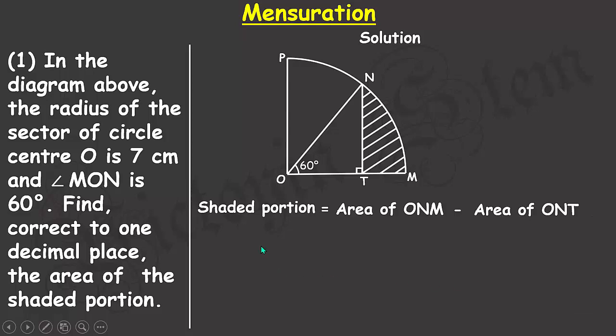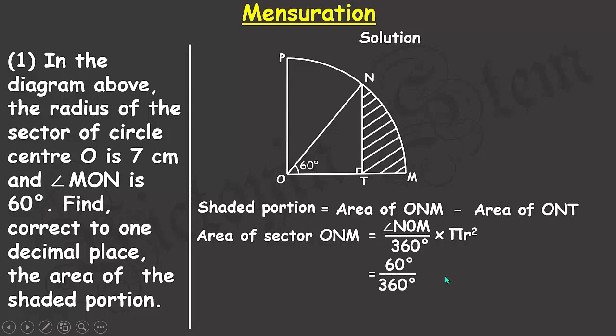Okay, first I'll find the area of sector ONM, which equals the angle subtended by the two radii ON and OM, angle NOM, angle at O, divided by 360 multiplied by pi r square. And of course, NOM is 60 degrees divided by 360 multiplied by 22 divided by 7 multiplied by the radius. The radius is 7 centimeters, but here I'm using r square, so it's 7 square.